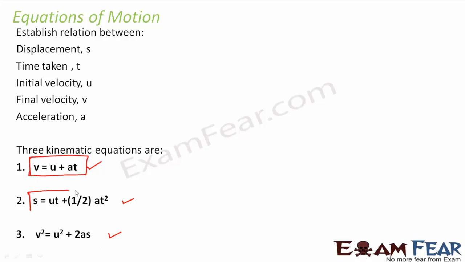Now these are the general forms of these equations. For example, suppose there is a scenario where you have negative acceleration or retardation, in that case your A becomes negative. So the equation will become V is equal to U minus AT, right? So these equations are the general form of equations, and you should remember these 3 equations. Now, these 3 equations together can describe the motion of any object.